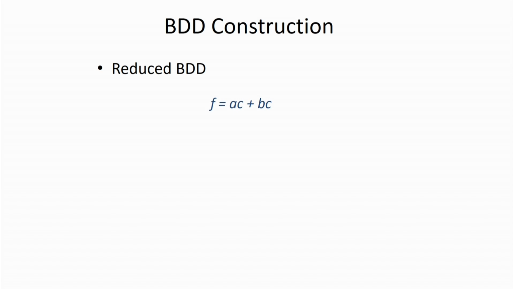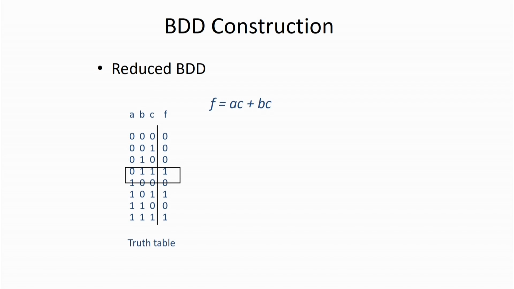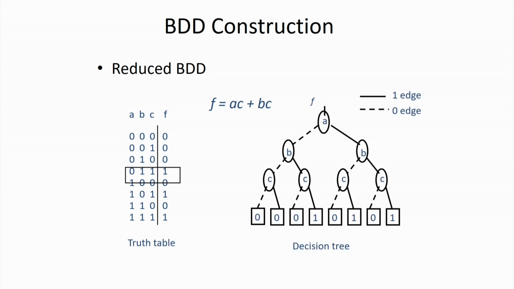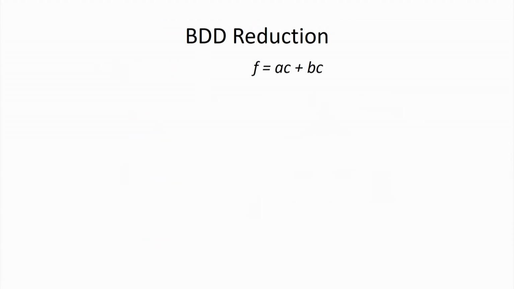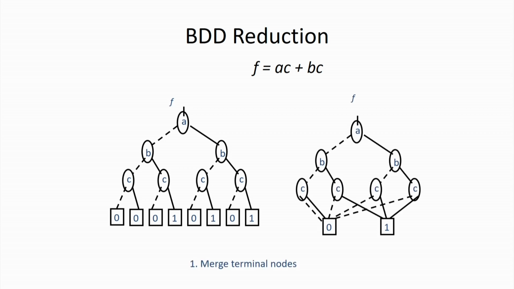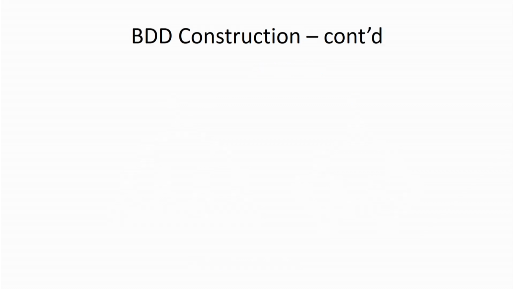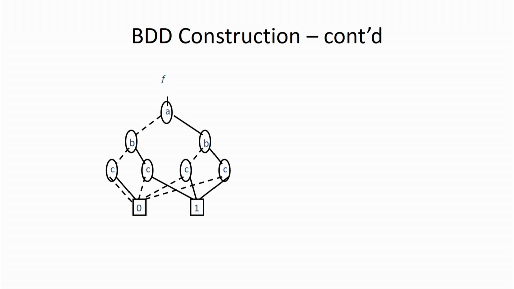Now, for this particular function f = ac + bc, we know that this is the BDT, and this BDT can first be reduced by merging all zeros into one node and all ones into another node. Now, after having this, observe what can be done.